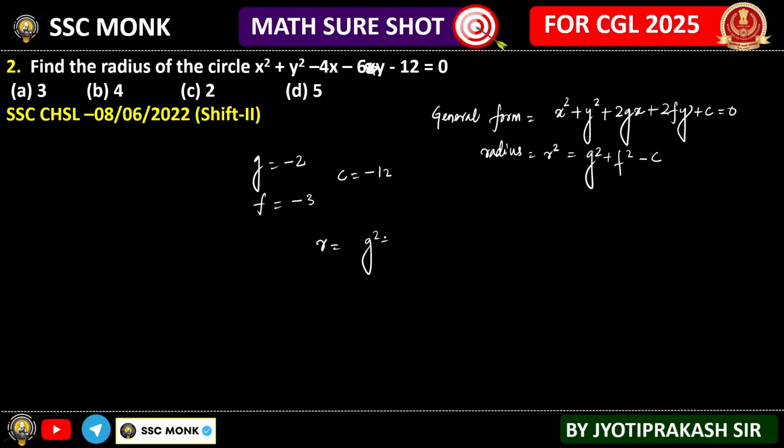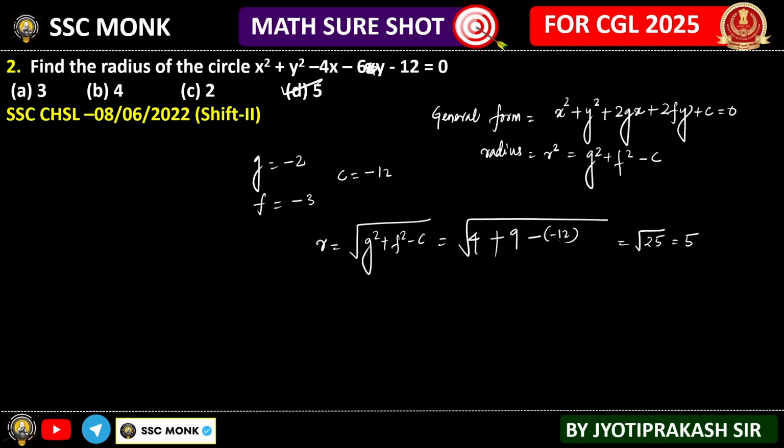Square root of g square plus f square minus c, that is g square, minus 2 square, 4, plus f square, minus 3 square, 9, minus c, that is minus 12. So 4 plus 9 is 13, minus minus plus, 13 plus 12 is equal to 25. So square root of 25 is equal to 5. What is the radius? Option D is the radius, that is 5.